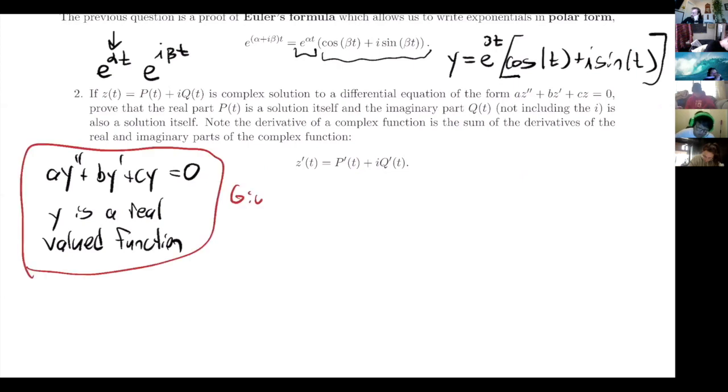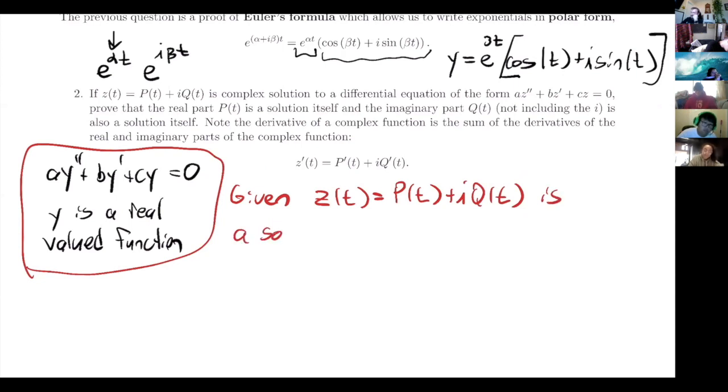So what we've got here, let's assume we've got a complex valued solution, which we do have for the example that we're kind of stuck on.